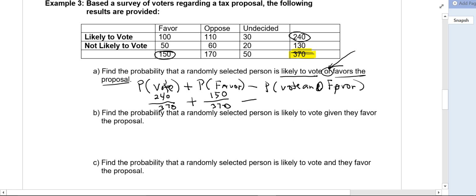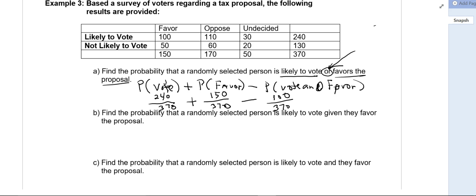So you're likely to vote and you favor is 100. So 100 out of 370. Notice we were not given any information here, so for each one, the sample space consisted of 370 people. So you do the math, add your numerators up, divide by your denominator, which is 370, and you'll have your answer.